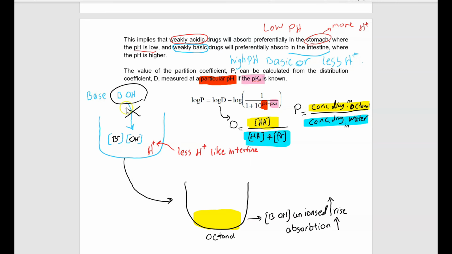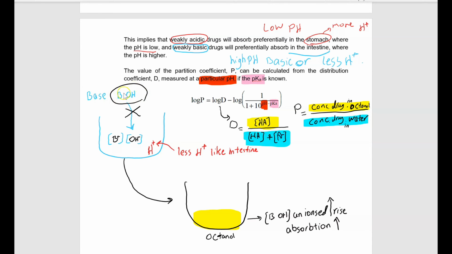So your base doesn't need to give more hydroxide ions for neutralizing the acids, the hydrogen ions, because our intestine is not really acidic. So less acidic, it has fewer hydrogen ions. So in our intestine, most of the basic molecules are whole molecules. They are not ionized, they are unionized.